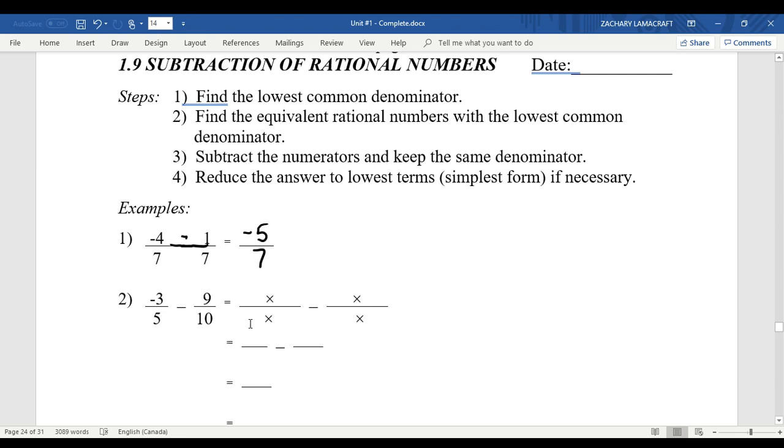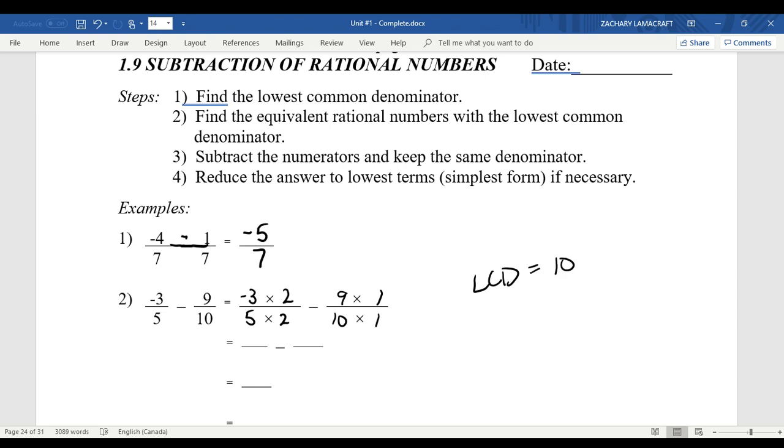What are we going to have on the bottom of each of these? 10, right? So to get 10 from 5, we got to multiply by 2, right? And the other one, it's already 10, so we're just multiplying by 1. Does that make sense? We're clear there? So the lowest common denominator, or the LCD, is 10.